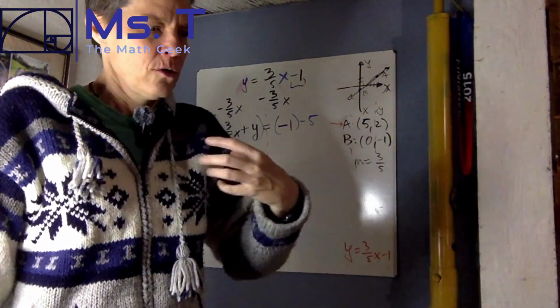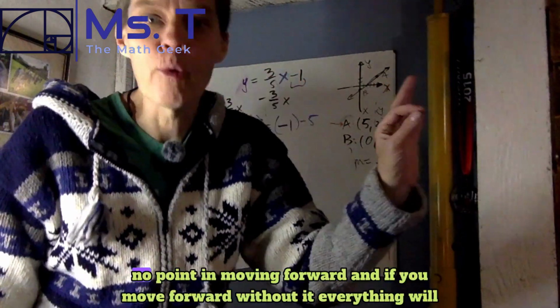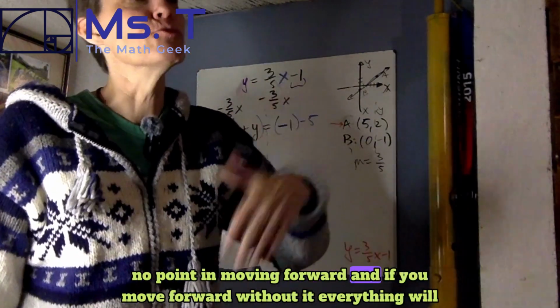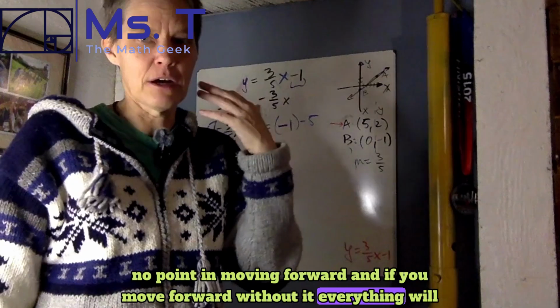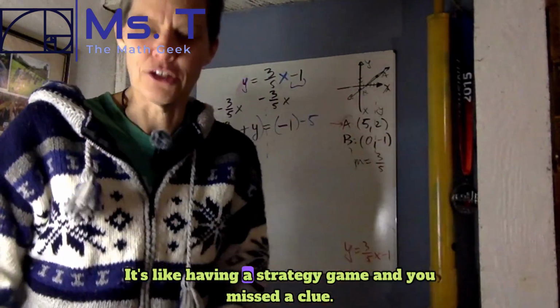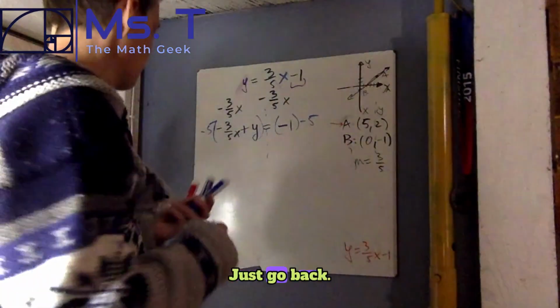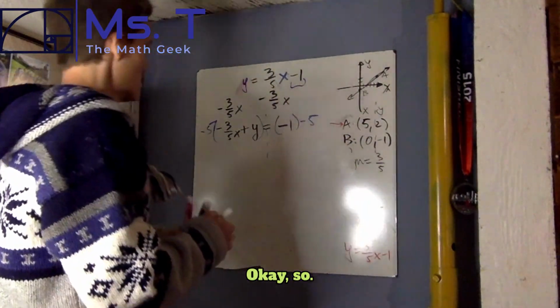You have to go back. There is no point in moving forward, and if you move forward without it, everything will become much more confusing. It's like having a strategy game and you missed a clue. Just go back.